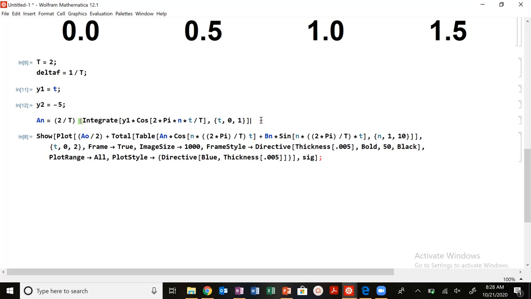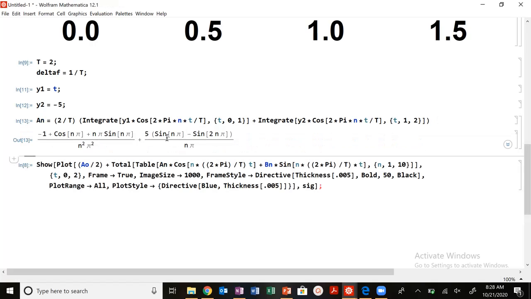I'm going to do the same thing for y sub 2: take this one right here and add it right here. My limits of integration change, and I get this value right here. So there's my a sub n.